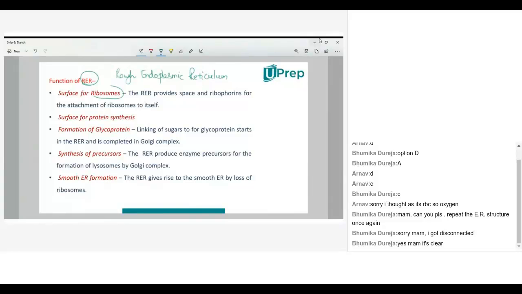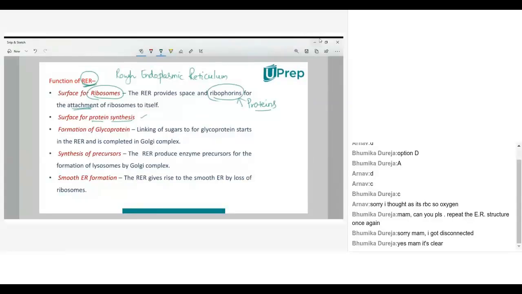So we are saying that the ribosomes will be there on the rough endoplasmic reticulum. How do the ribosomes get attached to rough endoplasmic reticulum? By means of proteins called ribophorins. Ribophorins are the proteins which help in attachment of ribosomes to rough endoplasmic reticulum. Now the ribosomes will synthesize proteins.